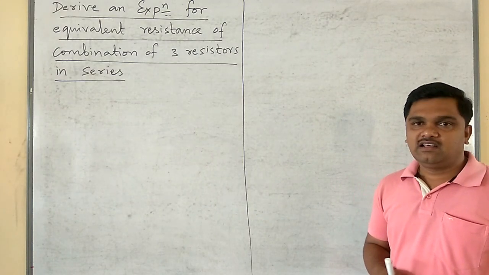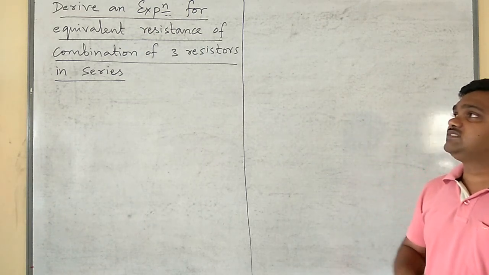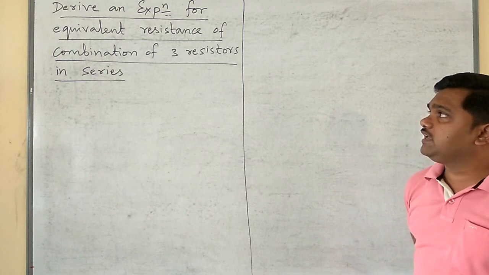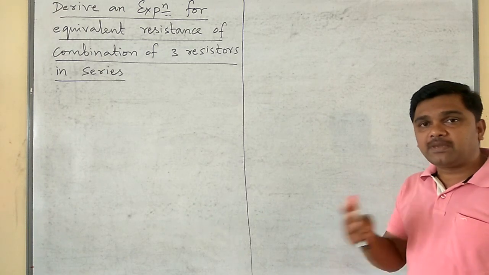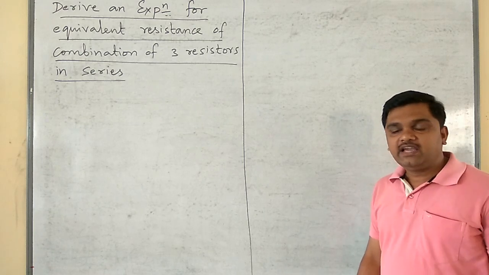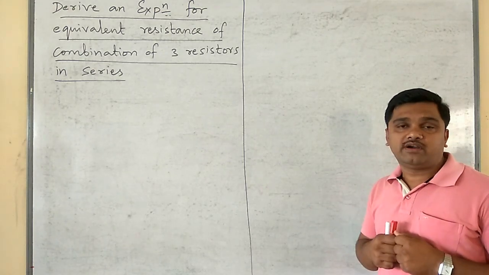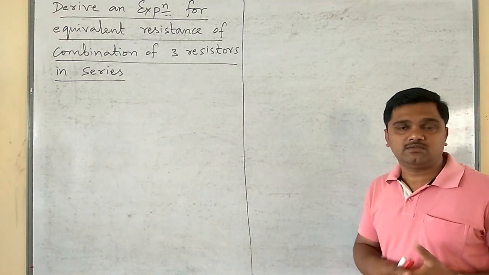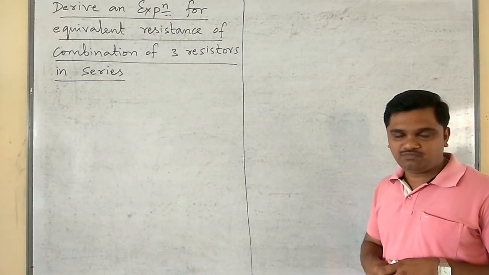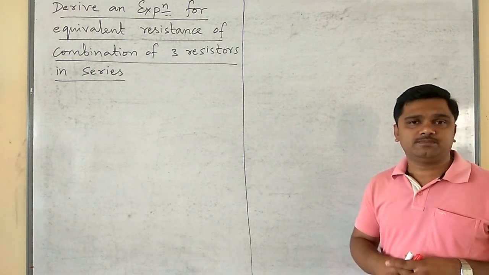In this class, let us derive an important 5-mark derivation. That is, derive an expression for equivalent resistance of combination of 3 resistors in series. In the last class, I talked about the meaning of the word combination of resistors, series and parallel. Why do we need the concept of combination?